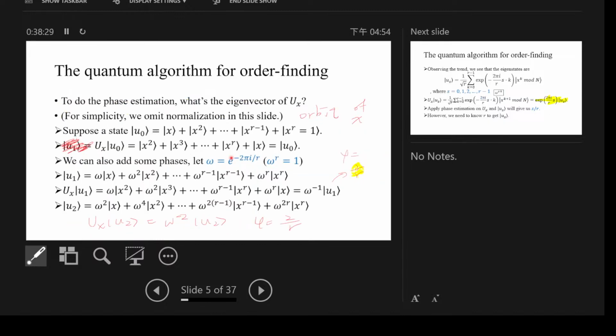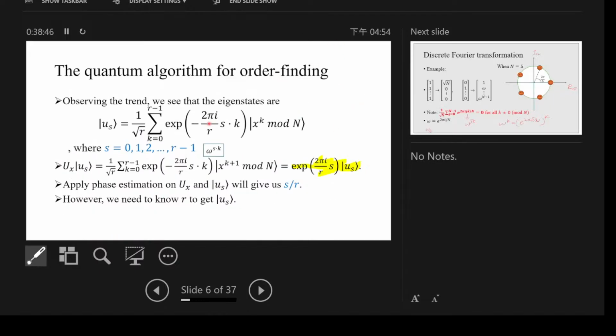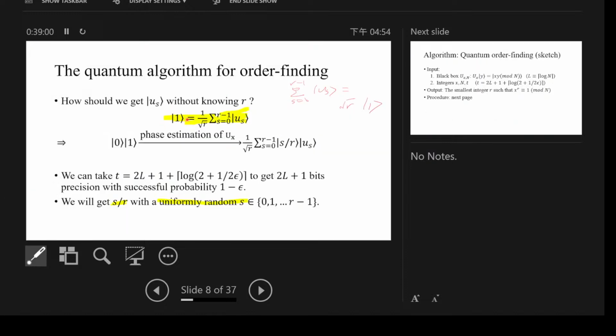If you keep multiplying x on 1, you get this orbit of x: x, x squared, etc. You get this superposition of the orbit of x, and there are very nice eigenvectors of your multiplication unitary, with eigenvalue, basically phase, s over r, and |1> is an equal superposition of them.